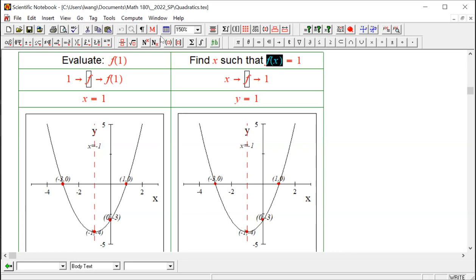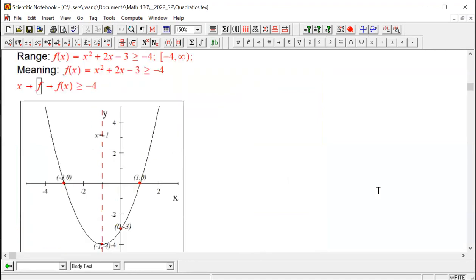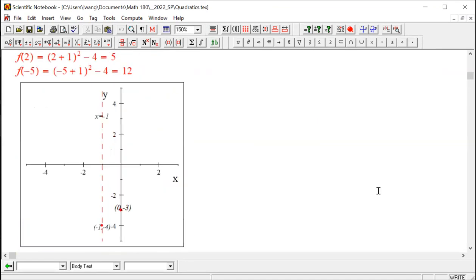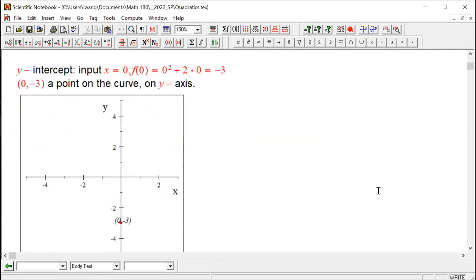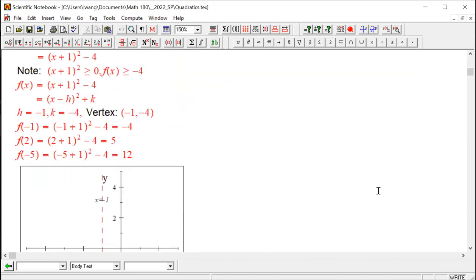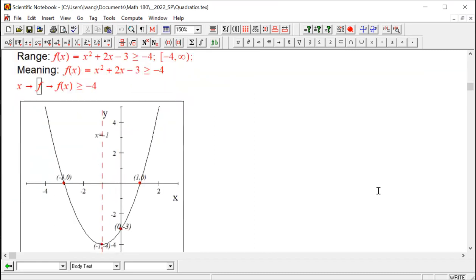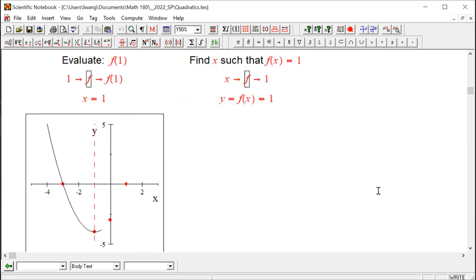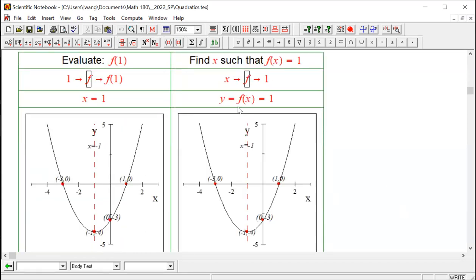Commonly this is y equals 1. But in our context, I actually did not introduce y anywhere. I did that on purpose because I want you to get used to these function notations.